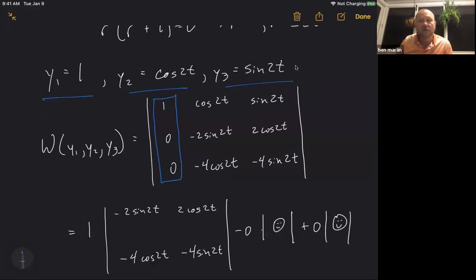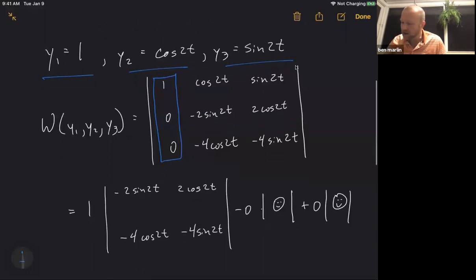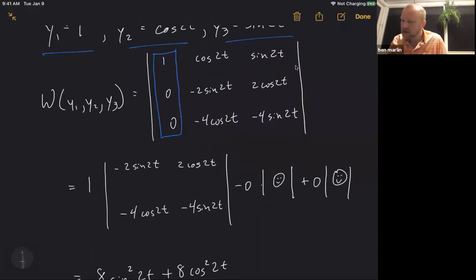The easiest possible thing is something that has as many zeros as possible, okay? Then expanding across there, anything that's in the upper left-hand corner we think of with a plus, and then we alternate, kind of a checkerboard pattern, okay? So that is a +1 there, but a -0, and then a +0, right?